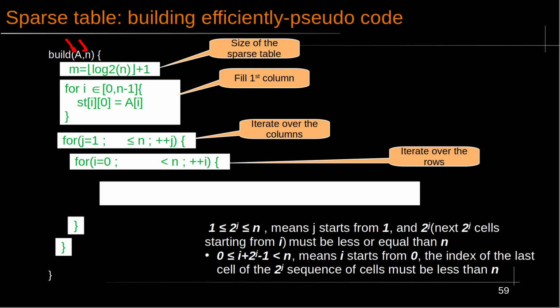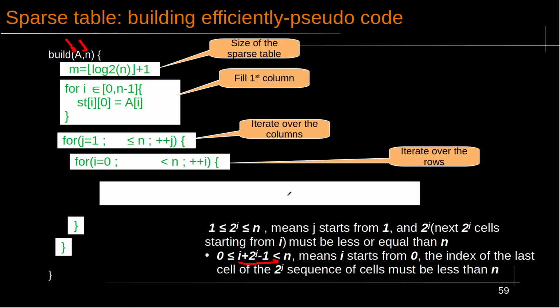Same for the position: if we start from i and take 2 power j elements, we end at the position i plus 2 power j minus 1. If you forget this, guys, you can come back to the previous slides and see how we can find this value.